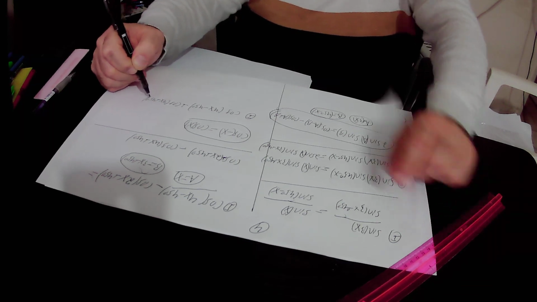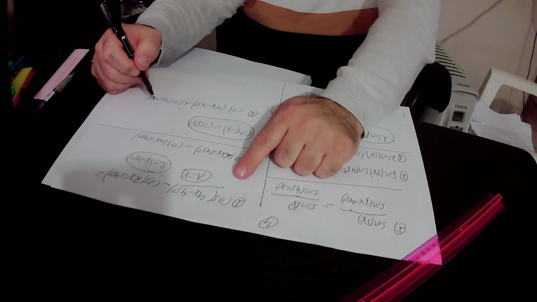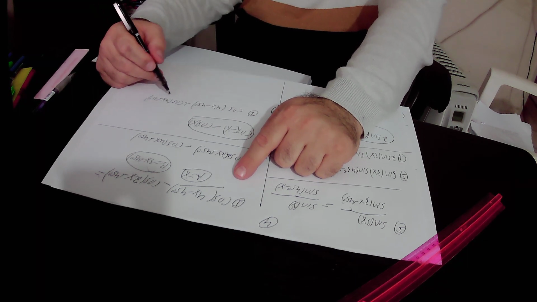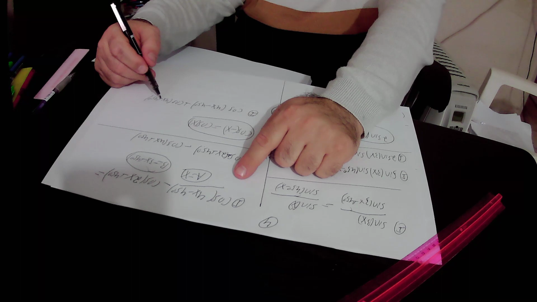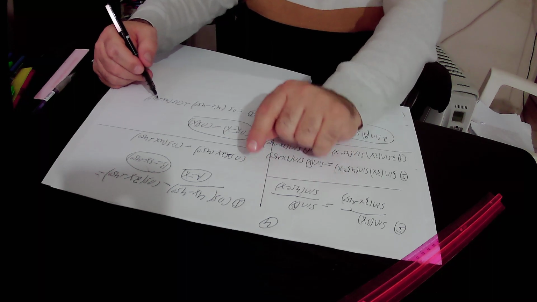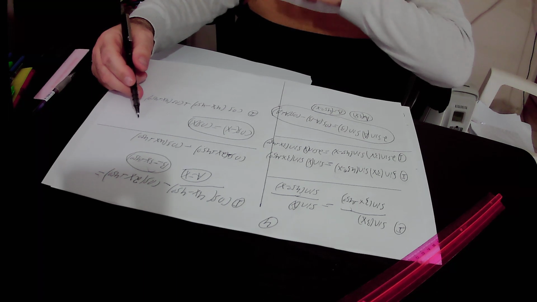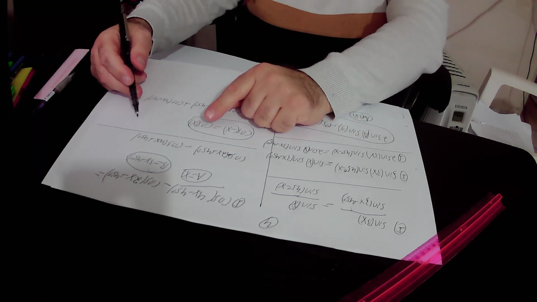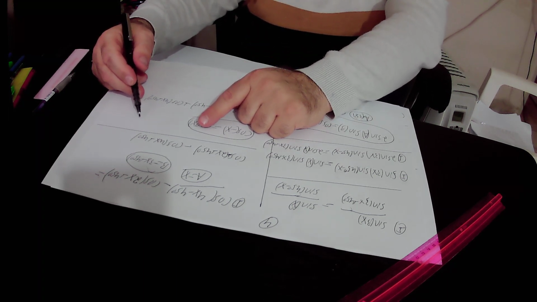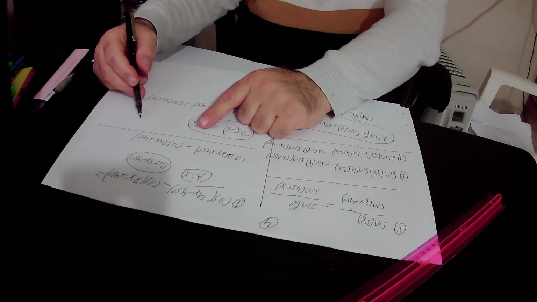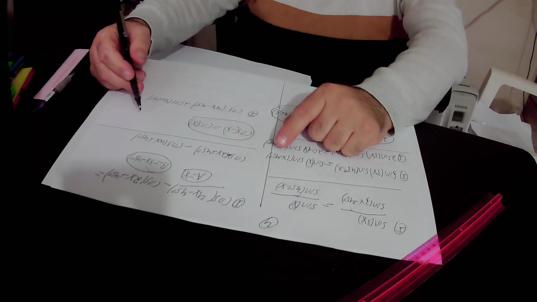So here we added to this side of equation number 1, cosine 4x plus 45 degrees. So we got here cosine 4x plus 45 degrees. And when we add cosine 4x plus 45 degrees minus cosine x plus 45 degrees is 0.